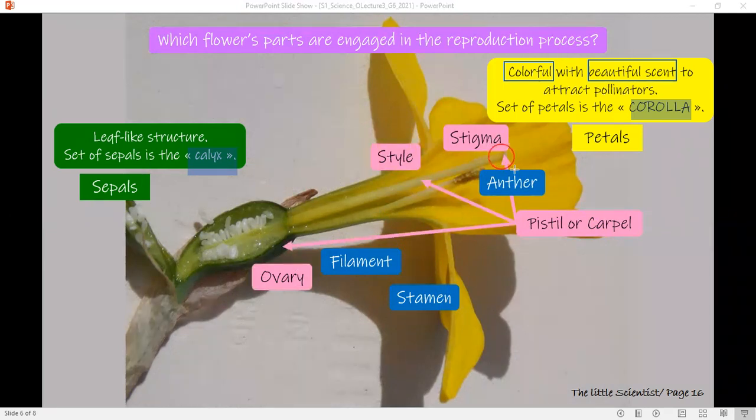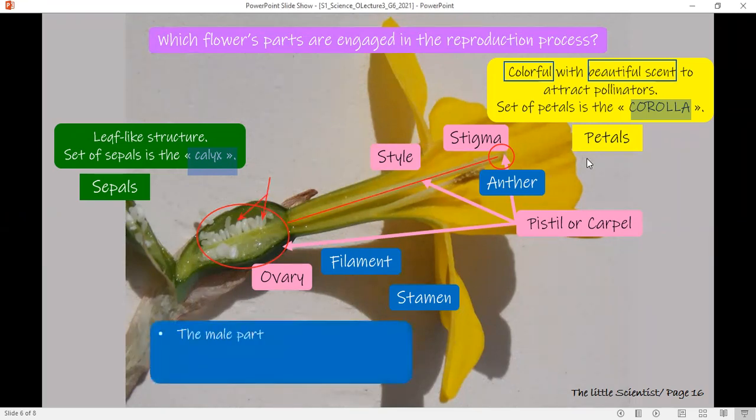Then this fat part is the ovary. Can you spot the ovules inside the ovary? Here are the ovules. The white things are the ovules inside the ovary.